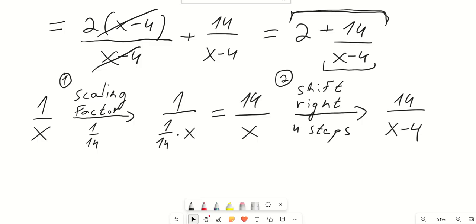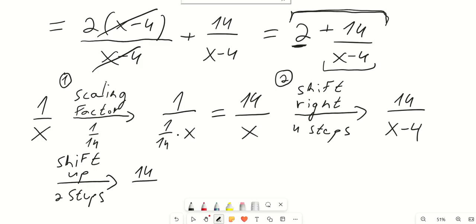Okay, so I already have something that starts to look like the term I need to end up with. And I still have to do a third transformation, in order to add these 2 here, and this is shift up 2 steps. Shifting up means that I simply add 2 to the function I have.